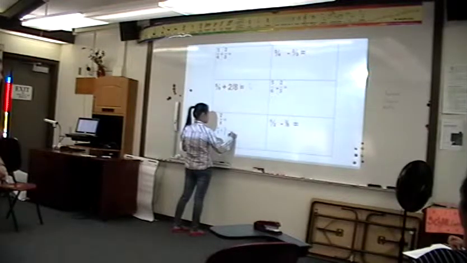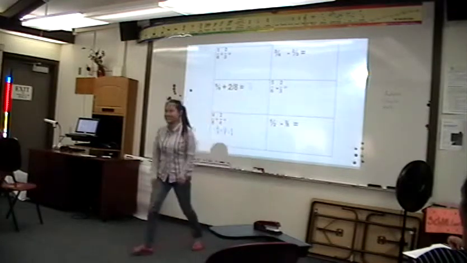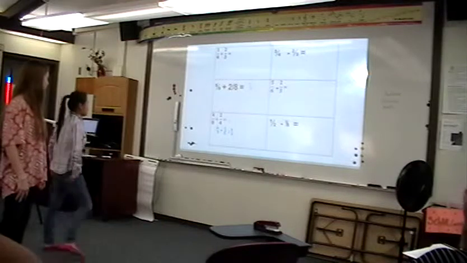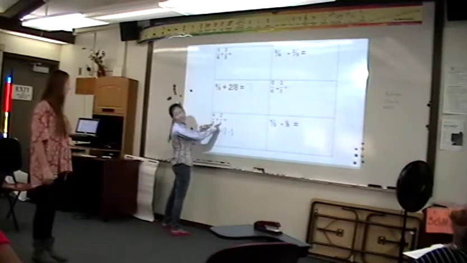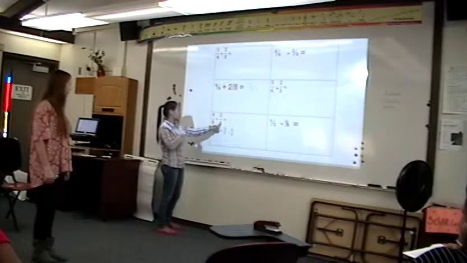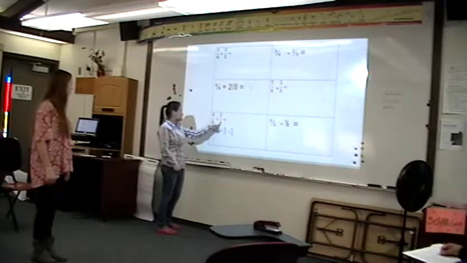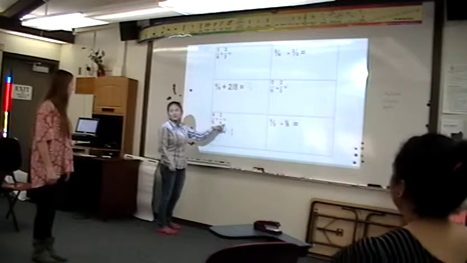So it's equal to this one. And how did you get there to be an 8 under? Because this one is different, right? And then you need to make this one the same as this one, because 8 is equal to 4 times 2.